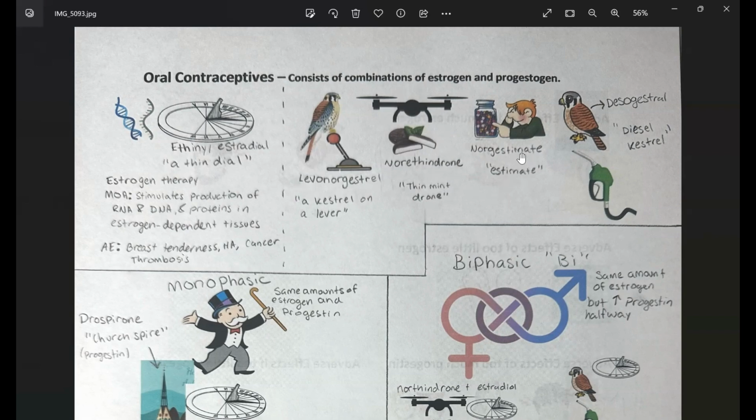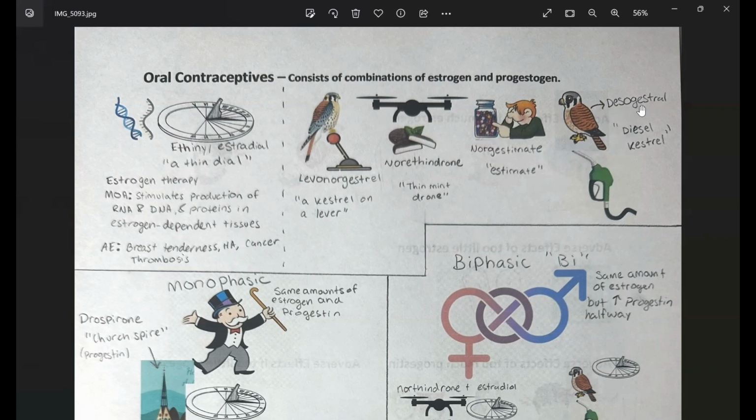norethindrone. Another type of progestin is norgestimate, which looks like the word estimate. And then here again is desogestrel. So I have a diesel pump and then a kestrel sitting on top of the diesel pump for desogestrel.